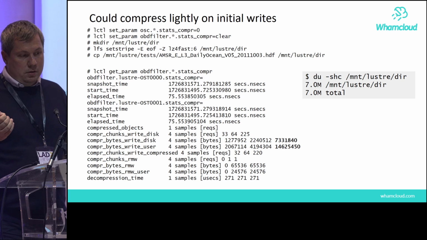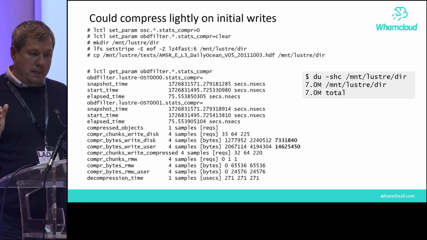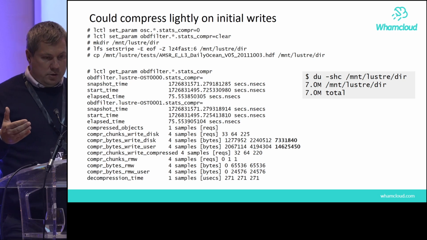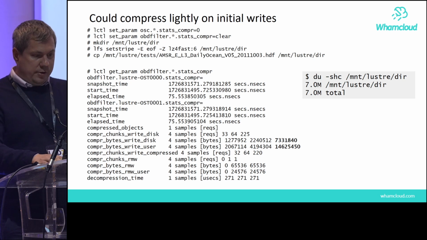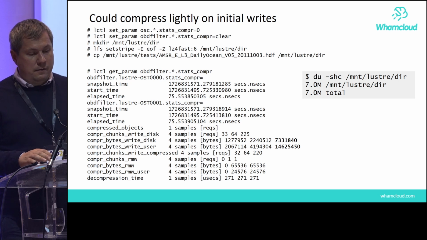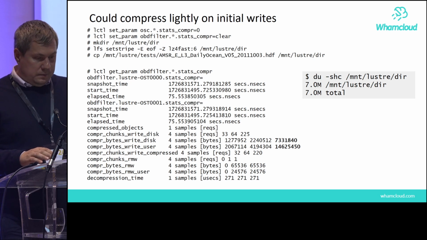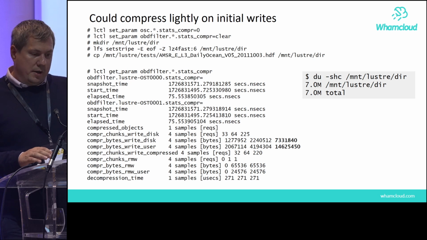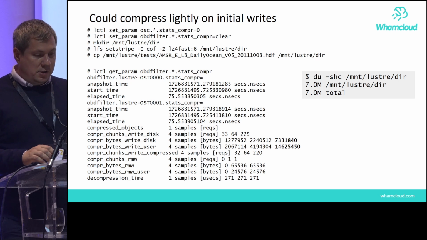In this case, we can choose some algorithm that gives high performance, but probably not the best compression rate, and use it. Here is an example. We choose LZ4 fast with level 6, and the resulting file was compressed twice, from 14 megabytes to 7.